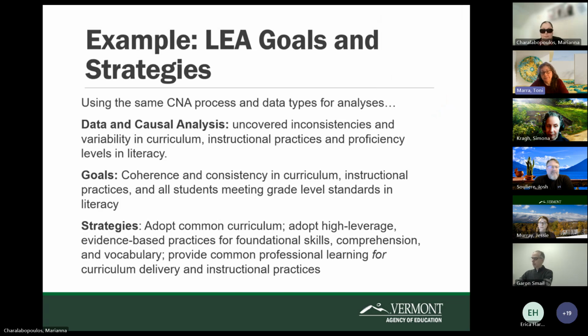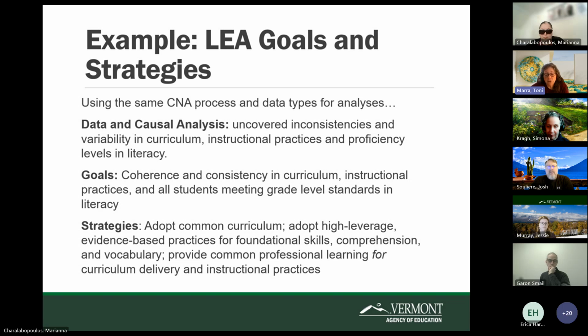Next slide. And then, while not documented on the school level SIPs, you want to continue best practices for creating LEA level goals and improvement strategies. In this example, using the same CNA process and data types for analysis, you may have uncovered inconsistencies and variability in curriculum, instructional practices, and proficiency levels in literacy.